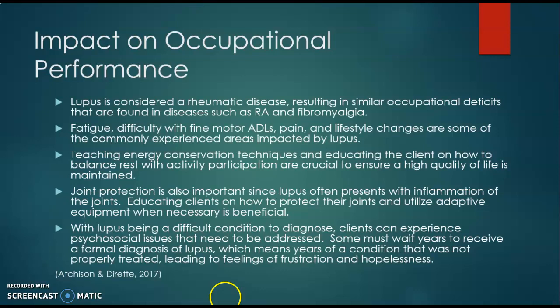It's important to teach our clients energy conservation techniques, educating them on how to balance rest with activity participation, joint protection, educating them how to protect their joints and utilize adaptive equipment, and taking into consideration the psychosocial factors that could occur because lupus is a difficult condition to diagnose, so they often wait years for a formal diagnosis.